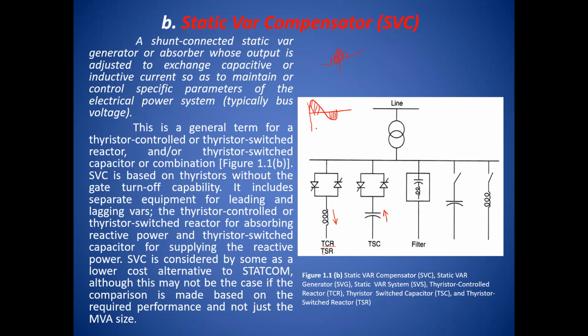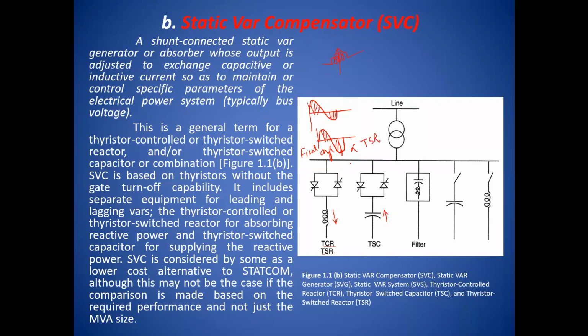If you conduct with a fixed value of firing angle, the fixed value of firing angle alpha, that is the firing angle, this becomes a thyristor switch. So it becomes a thyristor switched reactor.